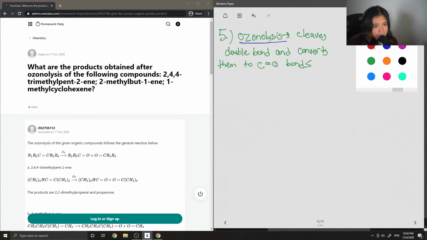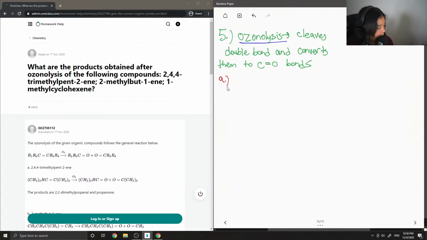So it sounds complicated at first, but once you get the hang of how to do the reaction, it gets pretty easy.